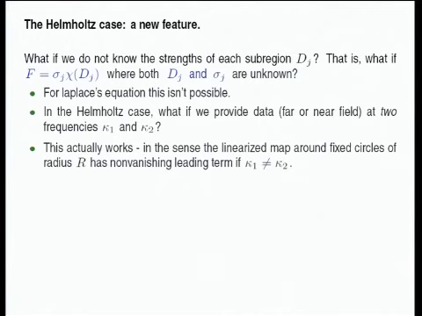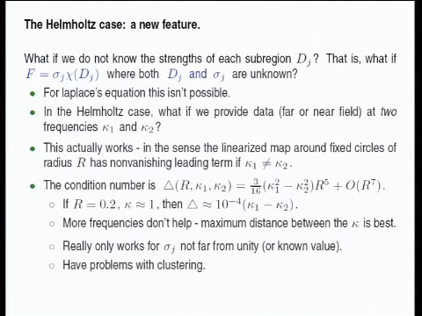When you linearize the leading term, you can show that the leading term around about any circle of radius r has non-vanishing determinant, and you can get an estimate on it. In fact, the condition number is exactly this.